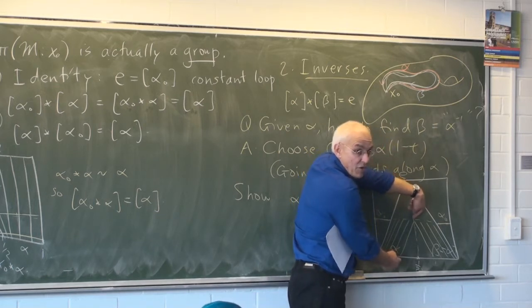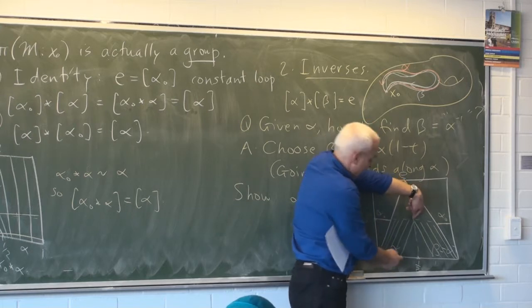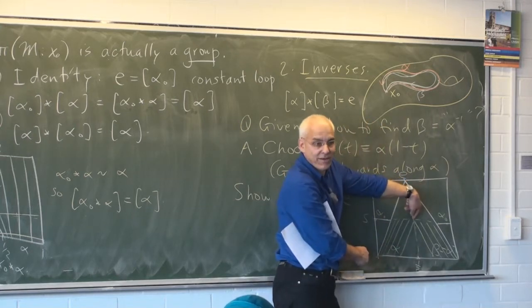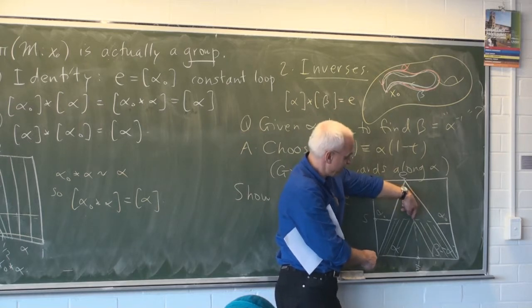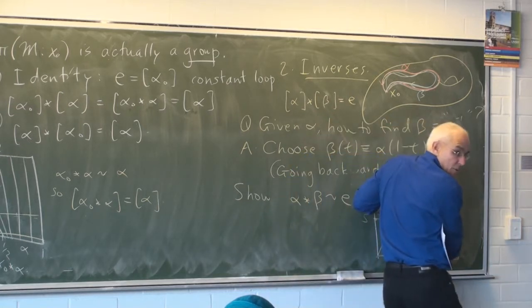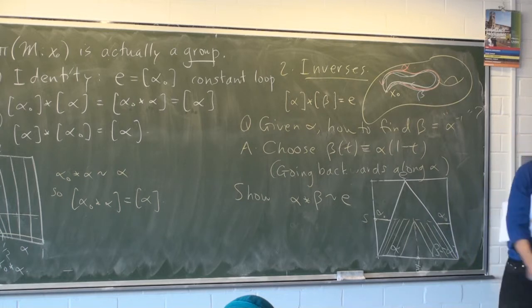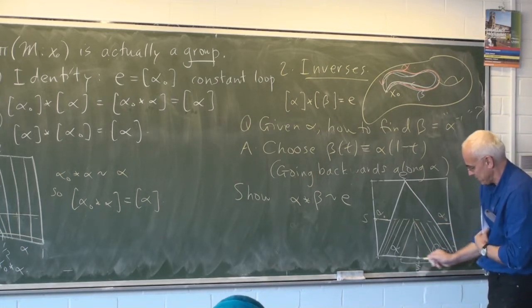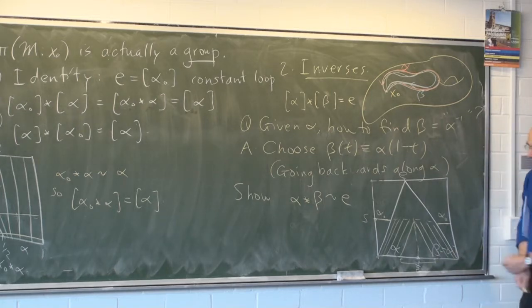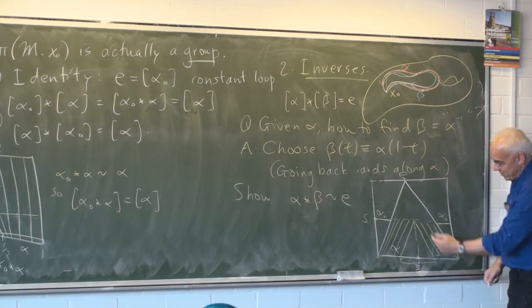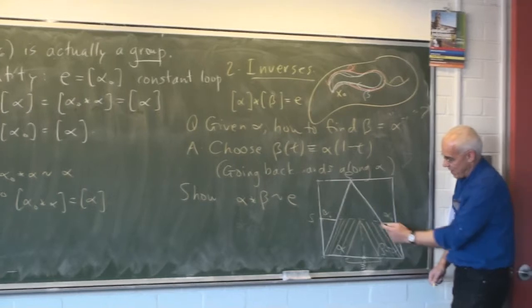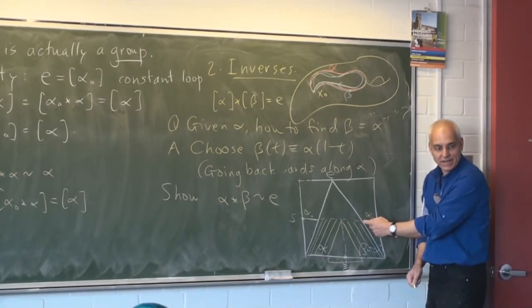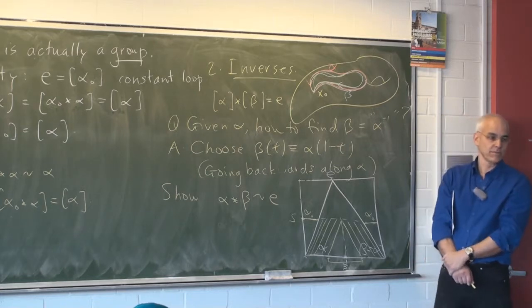We will not have gotten all the way to the end of alpha. You will only have gotten maybe 3/4 of the way. At that point, you stop, and you go back the way you came. This point here is the same actual point on the surface. And then you're just going back along the reverse of alpha until this particular time when you're back at x0. And for the rest of the time, you just sit there.